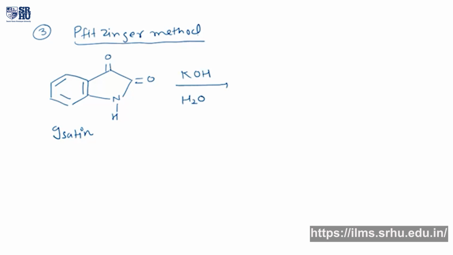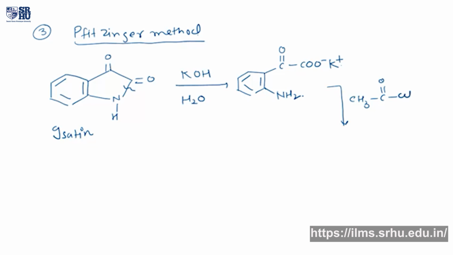Due to potassium hydroxide, a hydrolysis is observed. This amide bond that you see here gets broken, and we get a potassium salt of the acid, isatinic acid. Now with the help of a ketone, a cyclization is performed and we get quinoline.